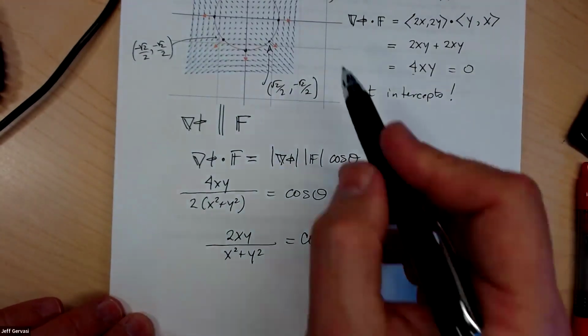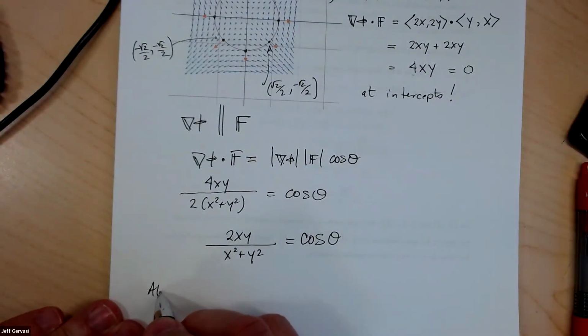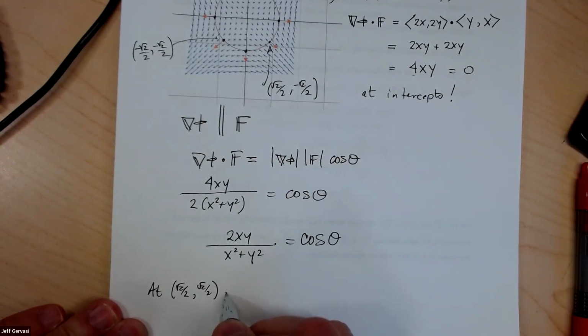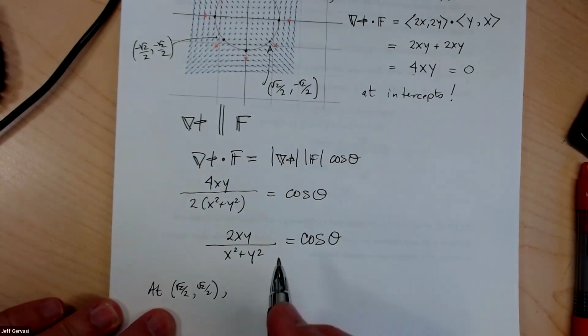Now, here's what I'm going to do. Let me take the first point at pi over 4. So let me say at the square root of 2 over 2, square root of 2 over 2. If I input that ordered pair into this expression over here, here's what we're going to get.